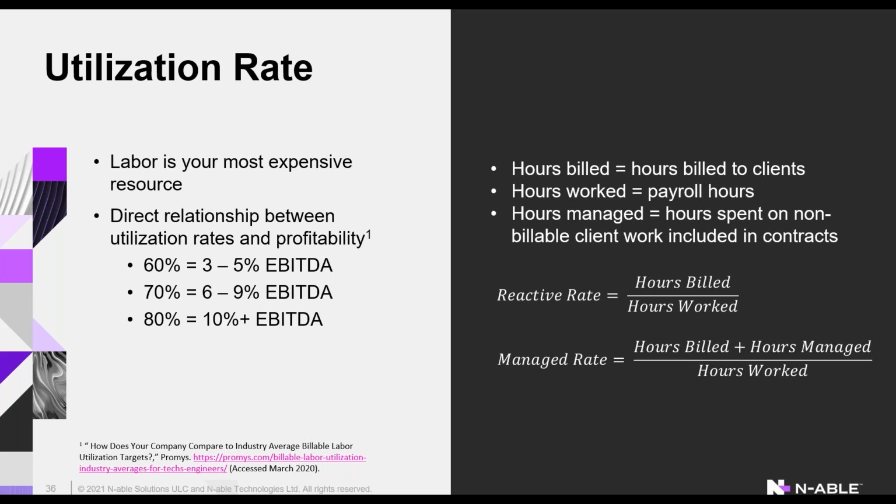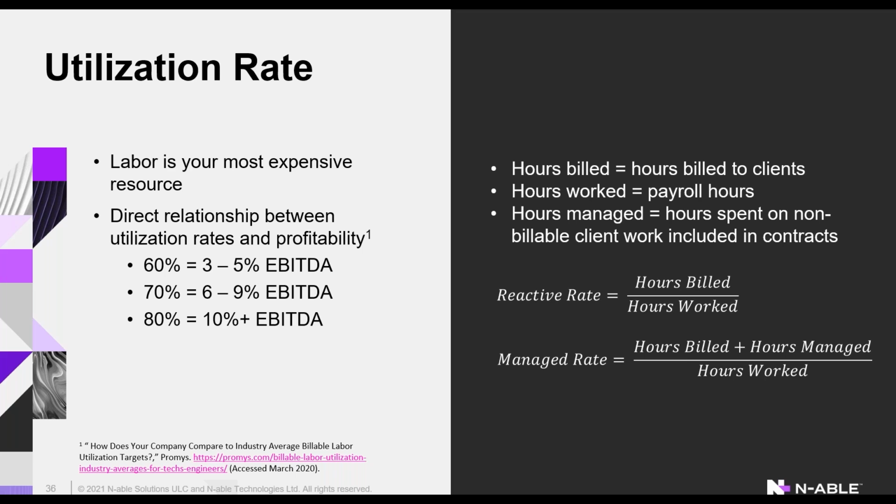our software costs, right? So I guess what I'm saying is I didn't realize how expensive it was because I ran a 1-man shop. But it's far and away our most expensive resource, and the more we can utilize it, the better. And we see a direct relationship between utilization rates and profitability.